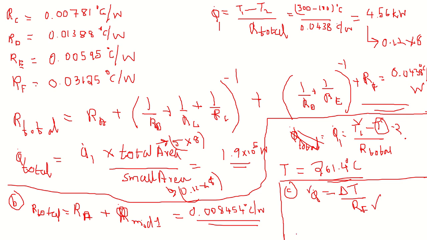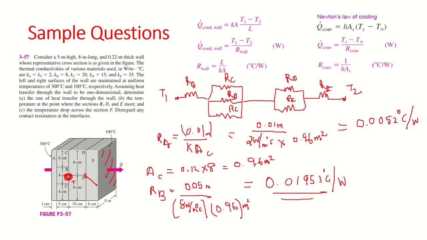Delta T you can find easily, because delta T is nothing but Q dot times RF, which should give you the temperature difference, a value of 142.7 degrees Celsius. So this is what we have done for this question.